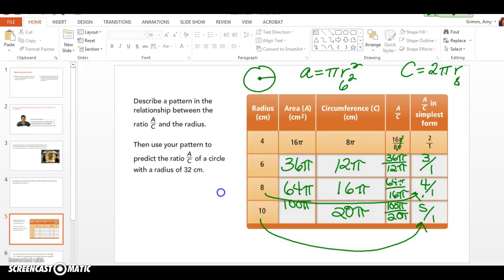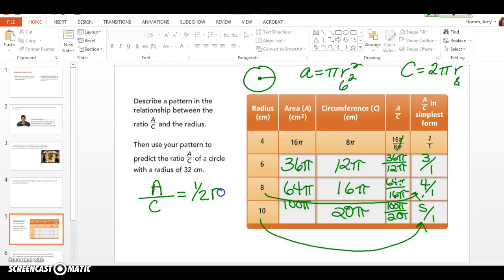Okay, so what we're looking at here is, see if you agree, that if you take the area over circumference, it is always half of the radius. You take the area over circumference, which is A over C, you always get half of whatever the radius was. Does that make sense?